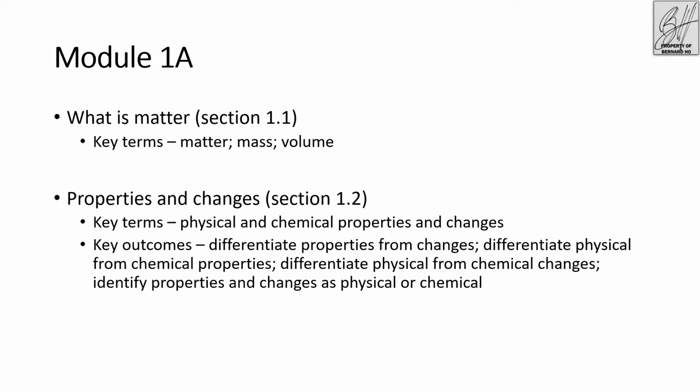Together, the key terms are matter, mass, volume, physical and chemical properties, and changes. And we want to be able to explain the differences between physical and chemical properties, between physical and chemical changes, and we also want to identify properties and changes as being either physical or chemical.